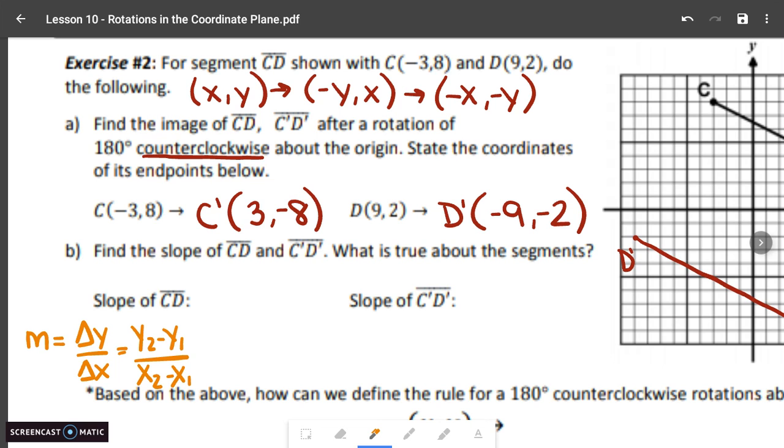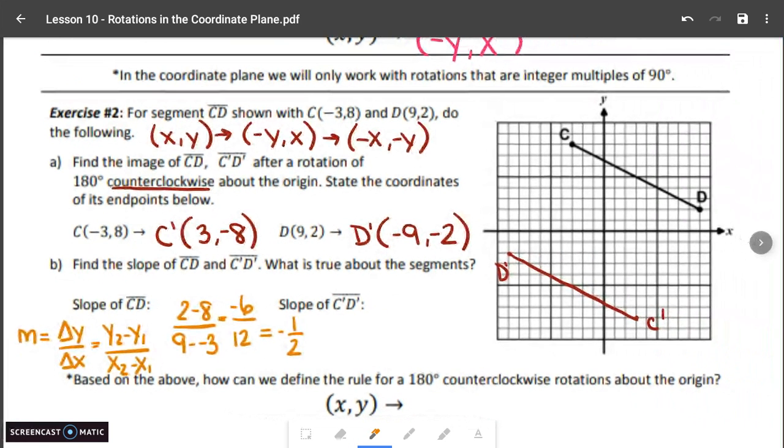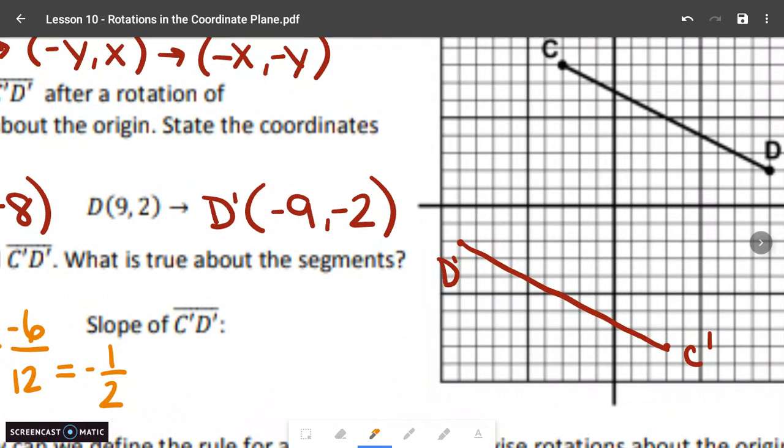So if I looked at CD, 2 minus 8 over 9 minus negative 3, negative 6 over 12, negative 1/2 is what we end up with. Let's see if we get the same thing for C prime D prime. And now this time I'm just going to count my boxes and see if that checks out. Down 1 over 2.